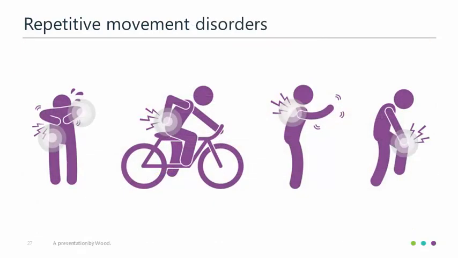Repetitive movement disorders are part of the musculoskeletal disorders that I've mentioned before. They can occur either because of work activities or our daily activities. Something that you should be aware of is that if due to daily activities, they do have the potential to be aggravated by work, a point to keep in mind. Some repetitive movement disorders include such conditions as carpal tunnel syndrome, bursitis, tendinitis, epicondylitis, ganglion cysts, tenosynovitis, as well as trigger finger.